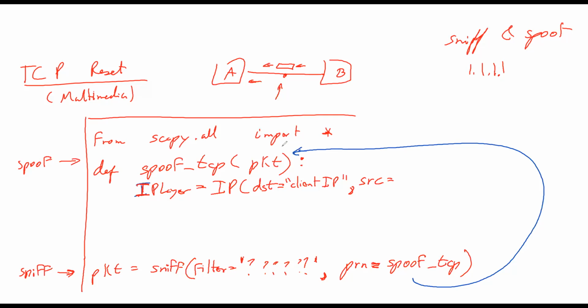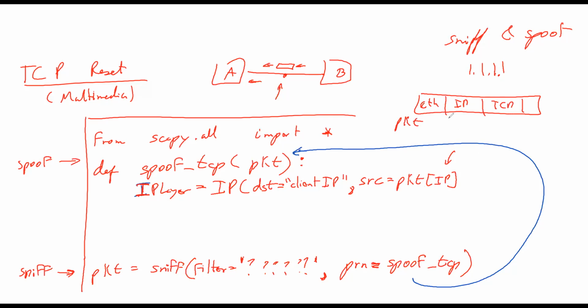It's in the packet, so it's going to be in PKT. And then out of PKT, I need to look at the IP header. Remember a packet: Ethernet, IP, TCP, and so on, payload. This is PKT.